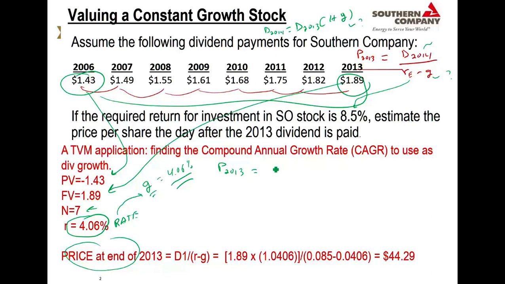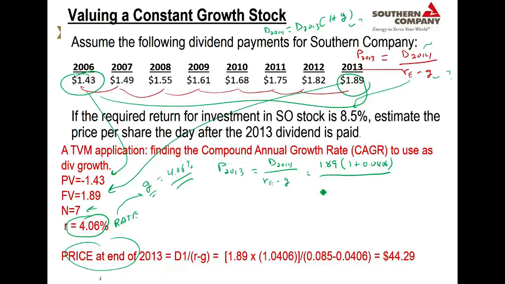Now, what is the dividend in 2014? It's going to be the dividend in 2013 growing at what rate? At 4.06%, so times 1.0406.